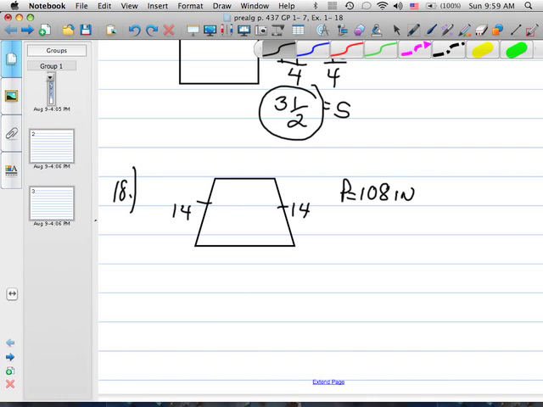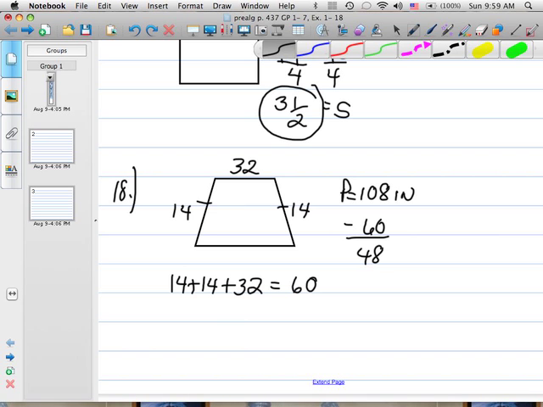It's probably this side here. Okay, so if I add up those two equal sides and the 32, I get 60. Subtract that from the perimeter, and I find out the missing side is 48 inches.